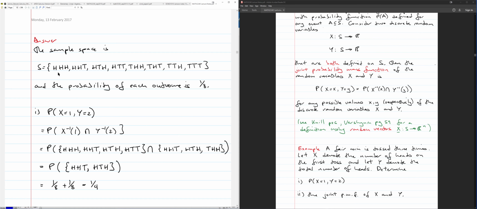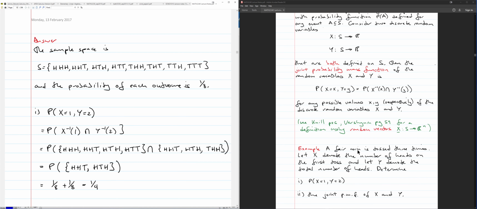You can get, say, 3 heads or 2 heads and a tail and so on. This being a fair coin means the probability of each outcome is 1/8, because you have 8 equally likely outcomes.